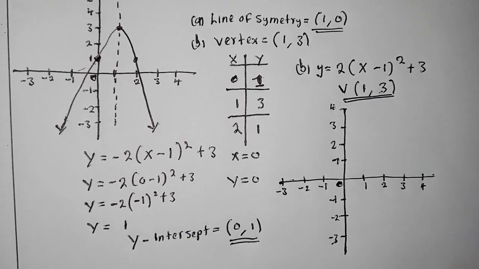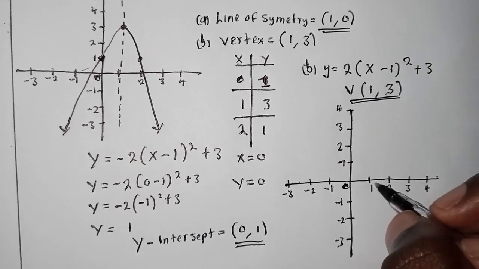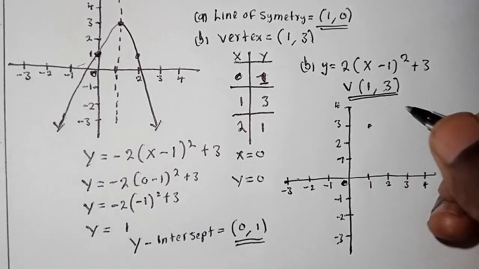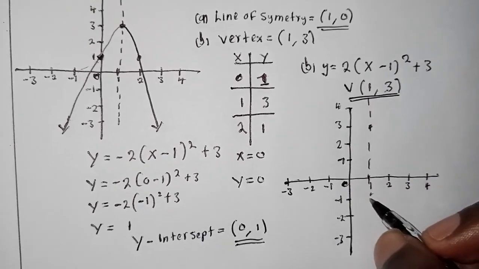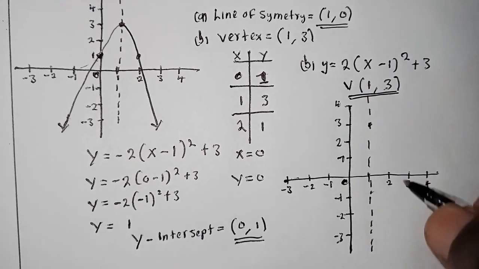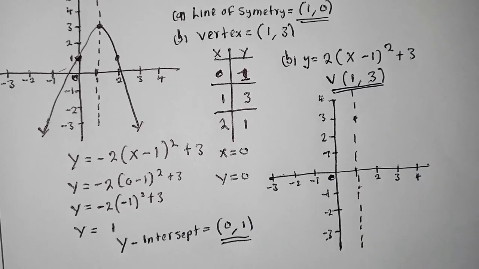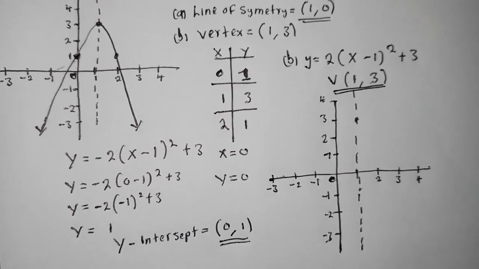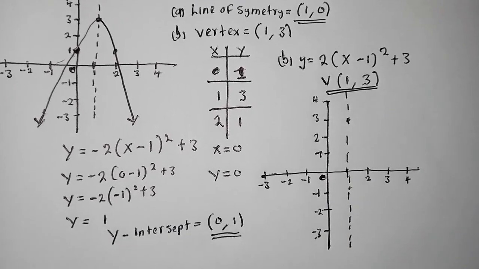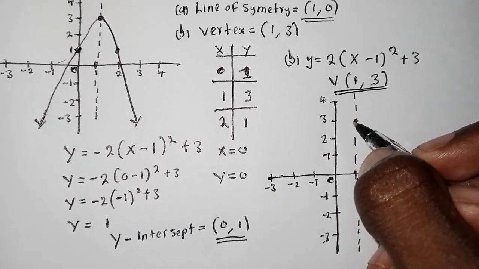All right, so the first thing to do, we draw our vertex at this point. This is the simplest formula that I want to show you, the simplest one. So this is our vertex.